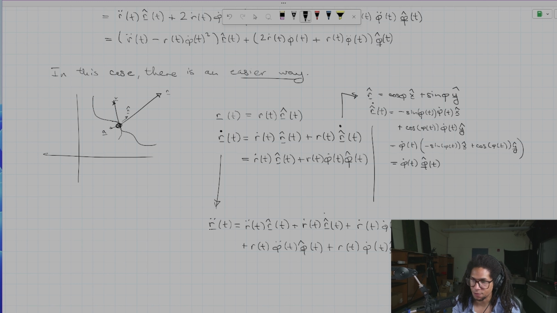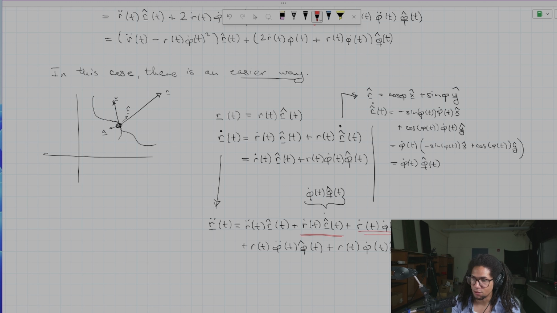Okay, interesting. The one thing that we can do right away is stick in that r hat dot is phi dot of t, phi hat of t, which we found in the last step. That means that this term, r dot of t, phi dot of t, phi hat, can actually combine with this term.